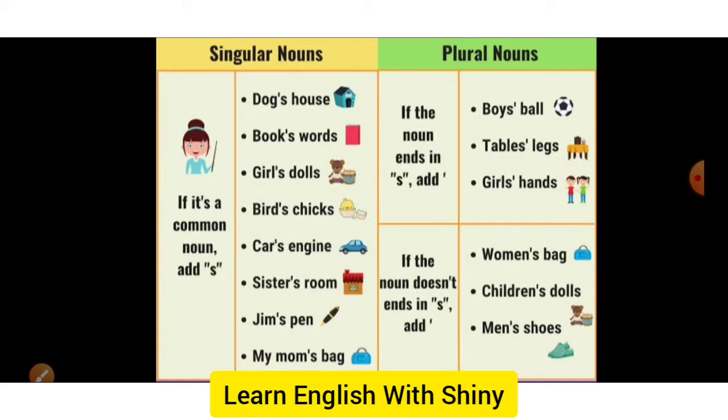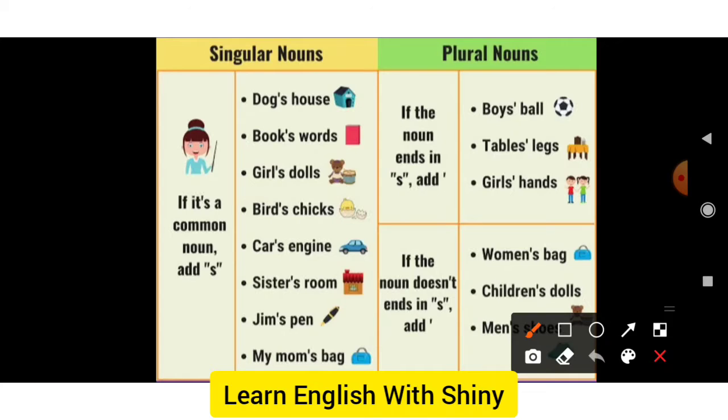First, we will learn why we use apostrophe s with a noun. The reason is, when we want to show that something belongs to someone, we use apostrophe s. For example, dog's house.